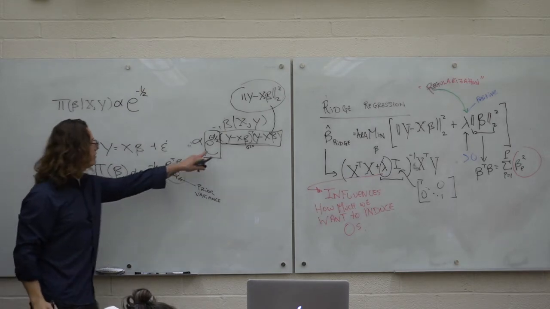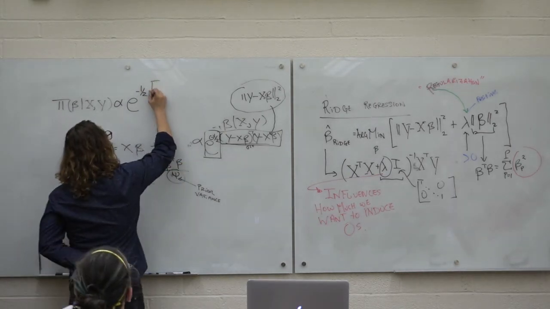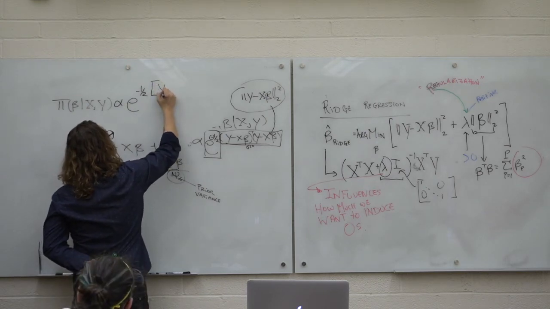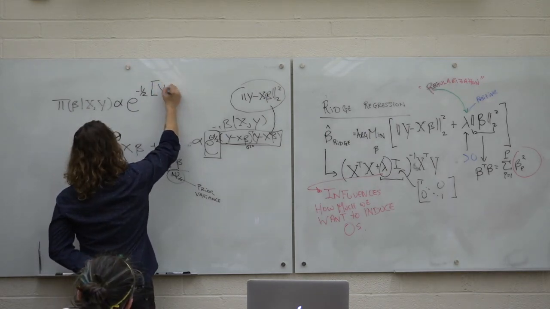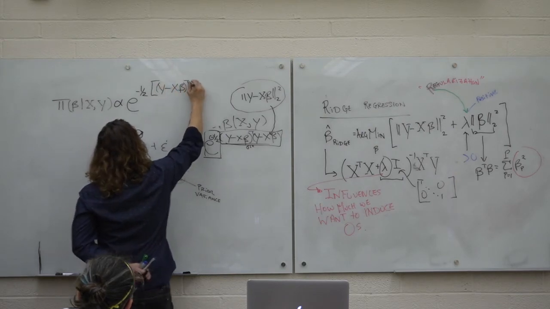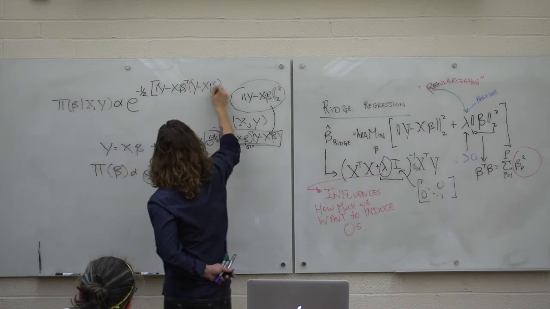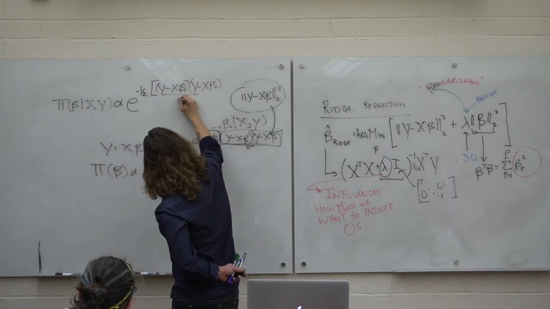And I'm going to multiply these things together, and I'm just going to collect the exponent terms. So this looks like this. (y minus x beta) transpose (y minus x beta) over sigma squared.